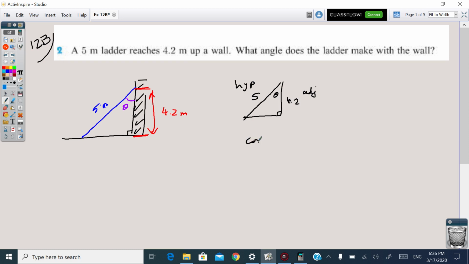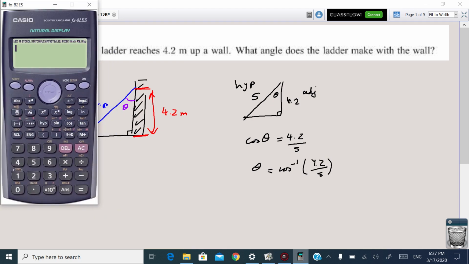So cosine theta is equal to 4.2 divided by 5. Therefore, theta equals cosine inverse of 4.2 divided by 5. I'm going to do this on the calculator, and the rest of the calculator work, I'll leave it to you.